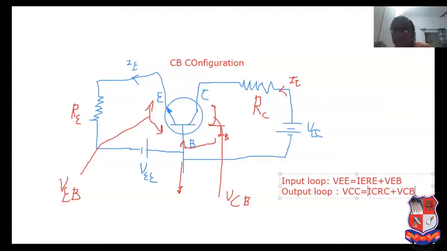So this is the basic configuration and the input and output loop equations. Now, what is the inside function, that I will explain first of all with the help of a live demonstration of the input characteristics and output characteristics of common base configuration of transistor.